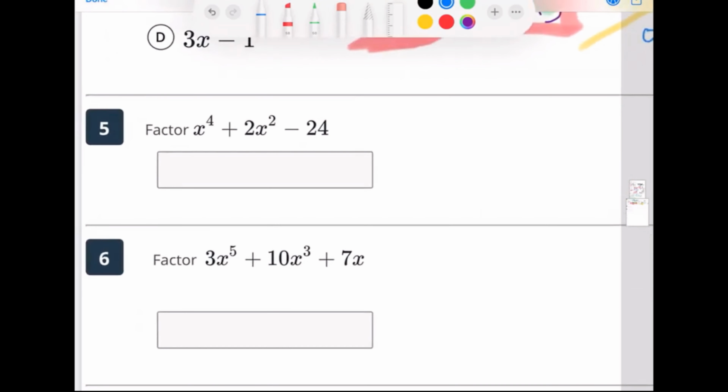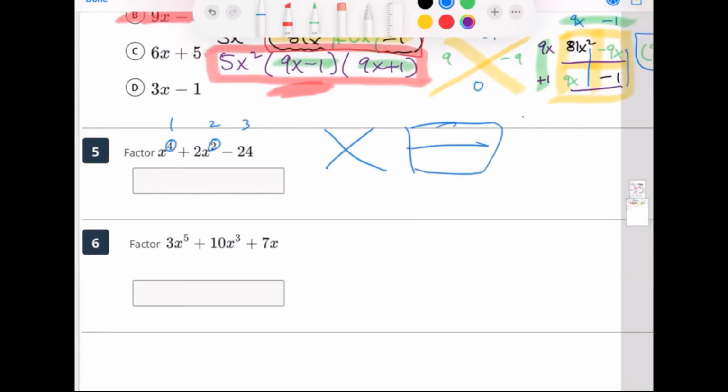Okay, number 5, factor this one. It's a trinomial, 1, 2, 3. And what is half of 4? It is 2. So I can just use my x box method of factoring. But remember now, if a equals 1 you just use the x, and you need both the x and the box if a is greater than 1.